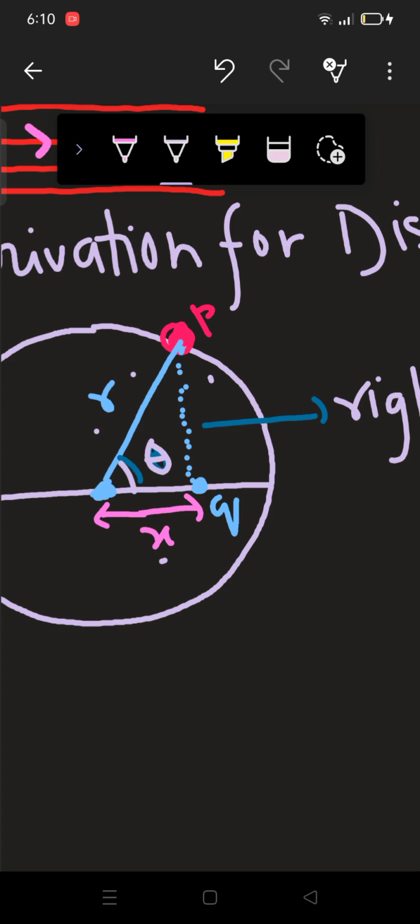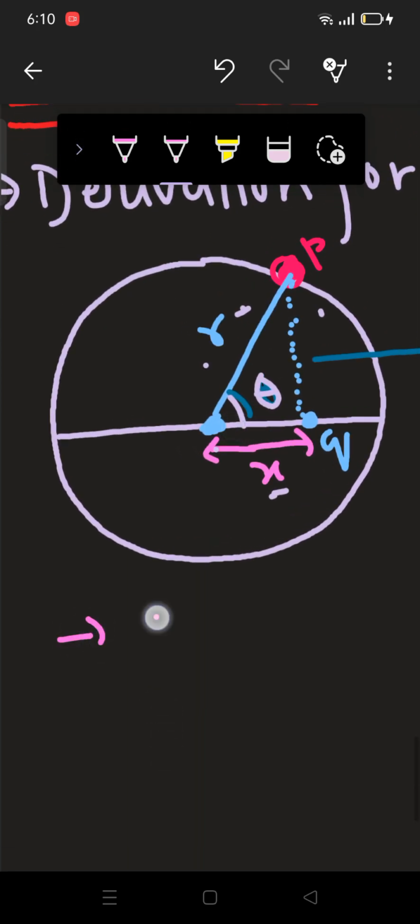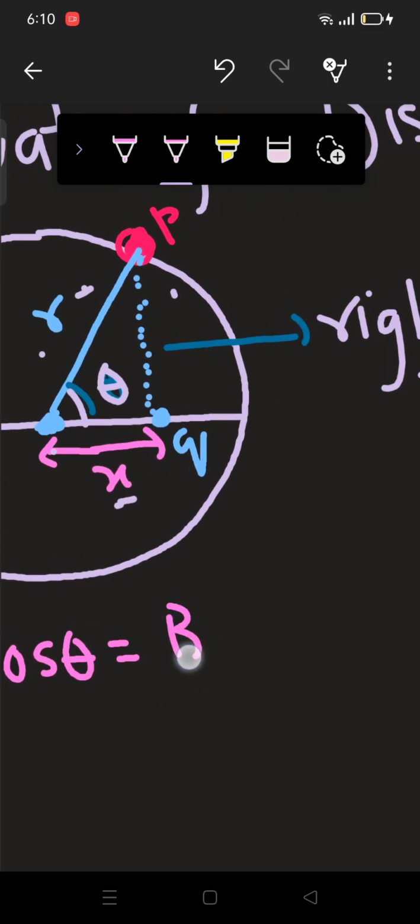But if I talk about the cos function, cos is equal to base upon hypotenuse. So the base, which means x, would be included, and hypotenuse, which means r, would be included, which means yes, we must use the cos function. Cos theta is equal to base upon hypotenuse.